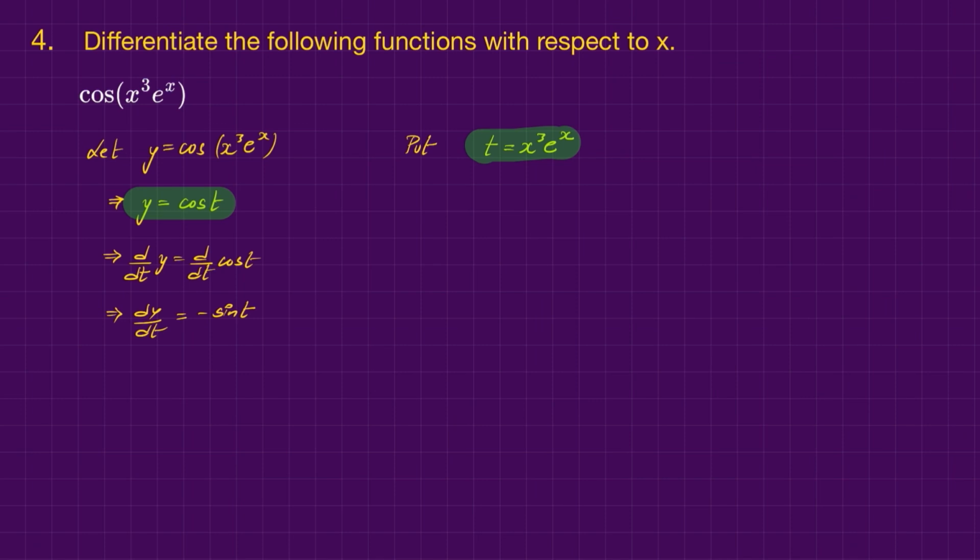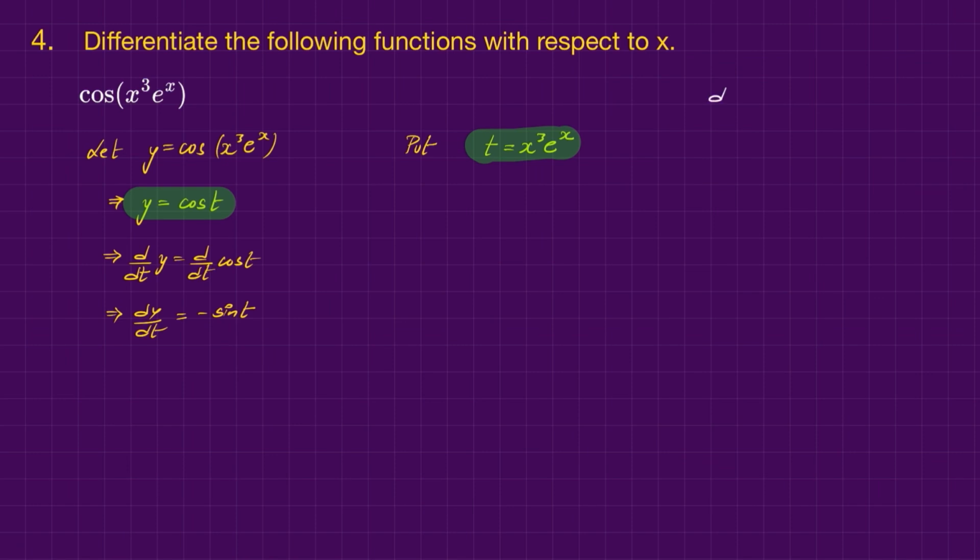Now here you can see that t is a function of x, but did you notice that there are two functions getting multiplied, that is an algebraic function and an exponential function. So whenever there are two functions getting multiplied like this, we have to use the product rule. So my product rule, let me write for you once.